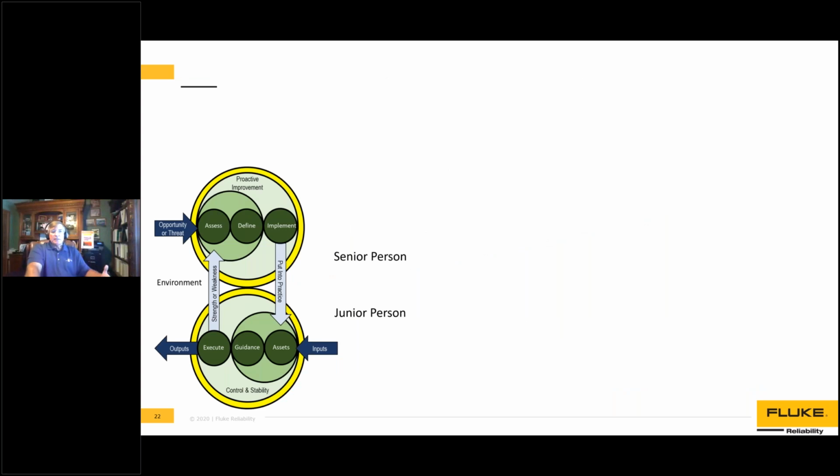So as I said, this organizational reliability model applies across each leadership level. The top half of the model is the senior person, the bottom half of the model is the direct report or the junior person in that arrangement. As an example, the plant manager is the senior person, with the department heads being the direct reports.